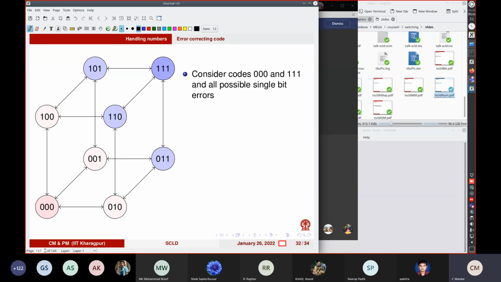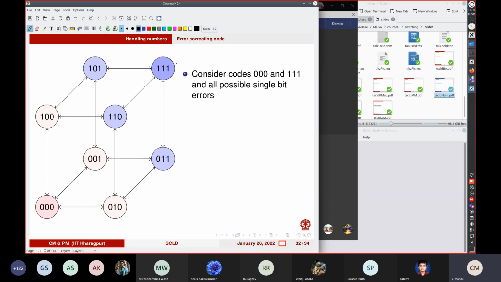Similarly, all of these bluish codes correspond to 111. Of course 111 is the correct code, but even if there is a single bit error, you can map these erroneous codes back to the proper code.